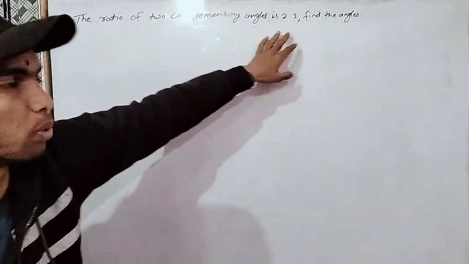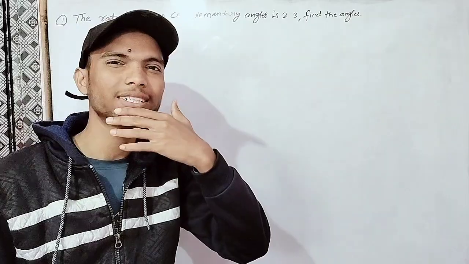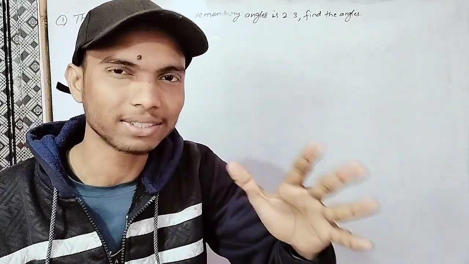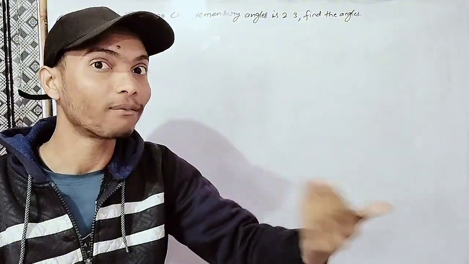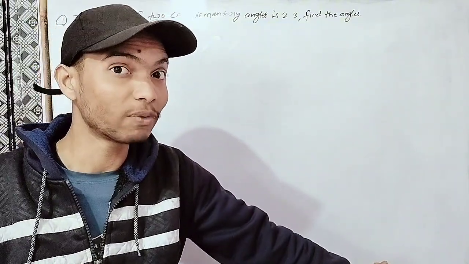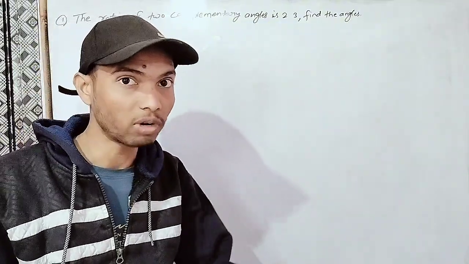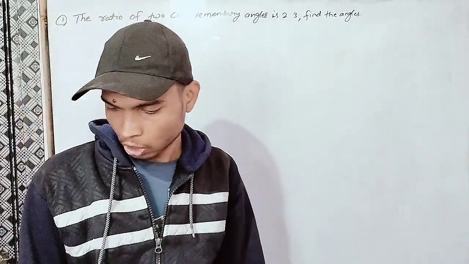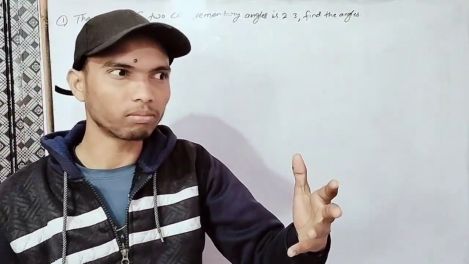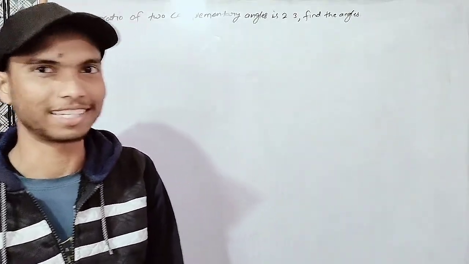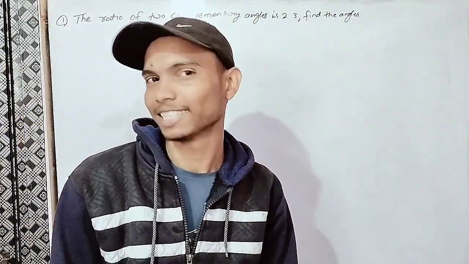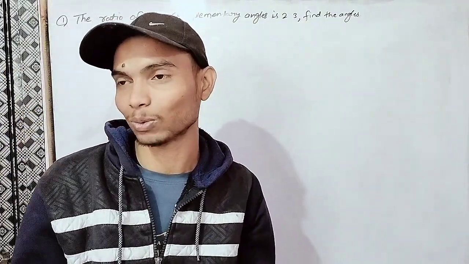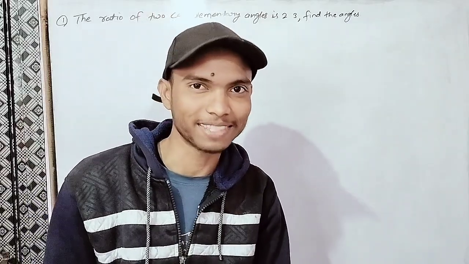It is a ratio. We don't have the exact value of the angles. We have to find out the process to find the exact value of the angles. So we have the given ratio of angles, but we don't have the exact values.